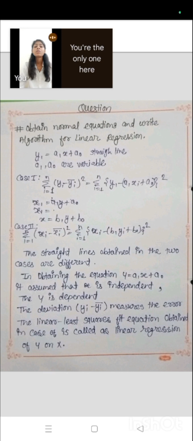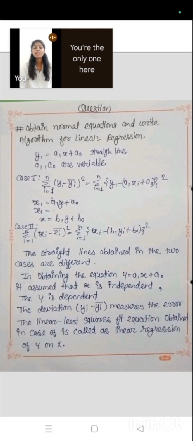Okay, so in obtaining the equation y = a1 x + a0, it is assumed that x is an independent variable and y is a dependent variable, and the deviation yi minus yi bar measures the error.